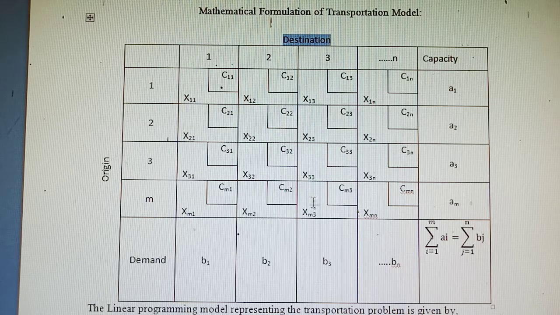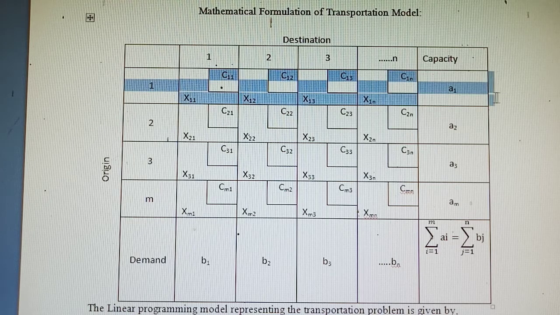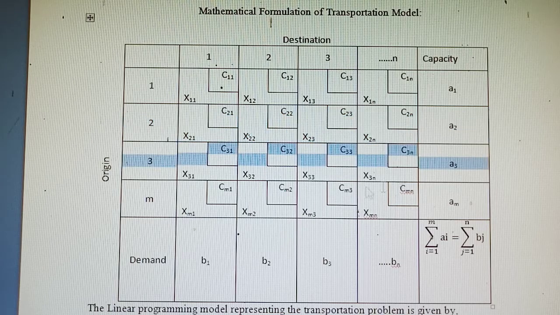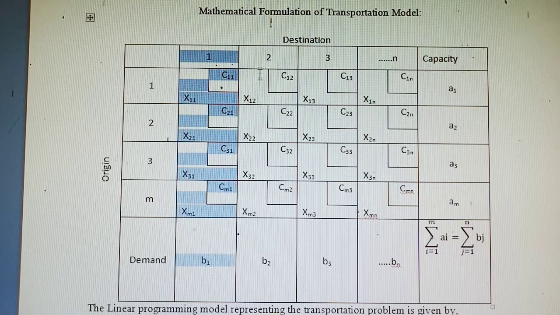That can be determined here, so that the quantity demanded at the destination and the supply available or the capacity of the origin have to be taken into consideration. Ai is taken in rows, m rows for the origins, and n columns for the destinations.